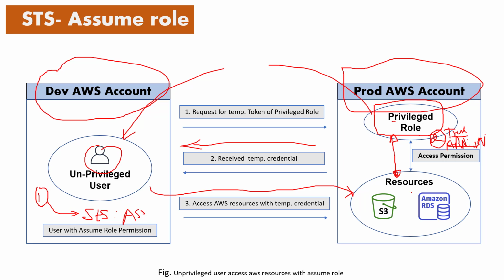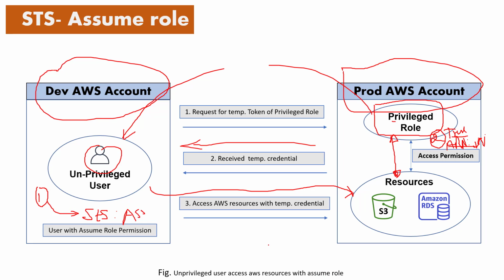After 10 minutes, I think, it expires, and this user loses the privilege. So again they have to authenticate and get the credential again to perform the action again. This is really important. In this case, an unprivileged user accesses AWS resources with assume role.